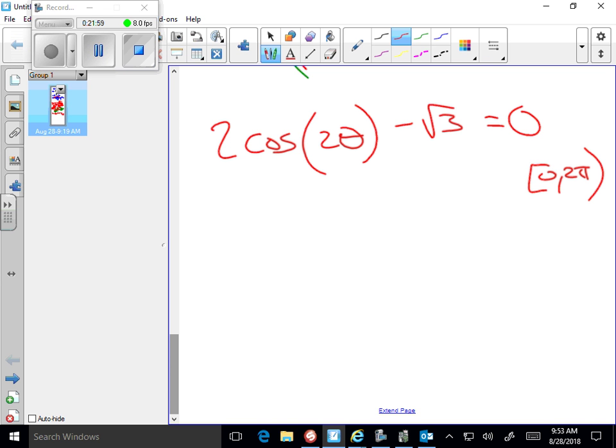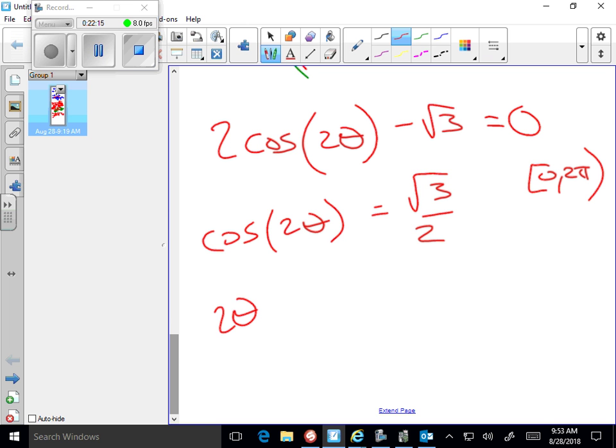Maybe one way to think about it, Tom, would be to say, look, I know that cosine is supposed to be equal to root 3 over 2. And I know that happens here in first quadrant at pi over 6, but also down here in fourth quadrant at 11 pi over 6.